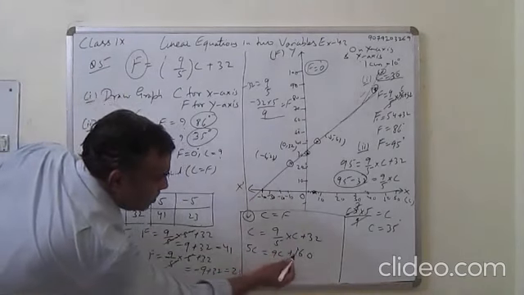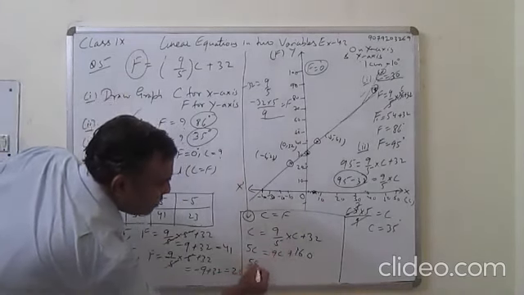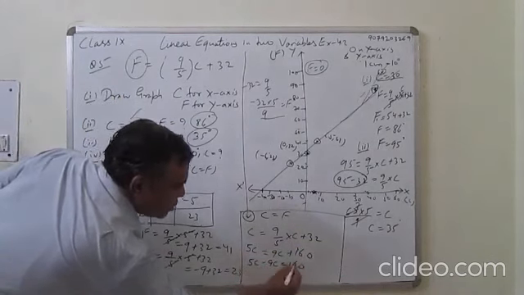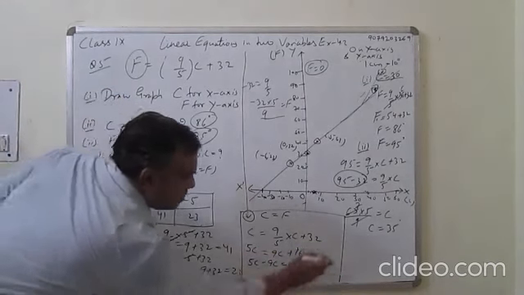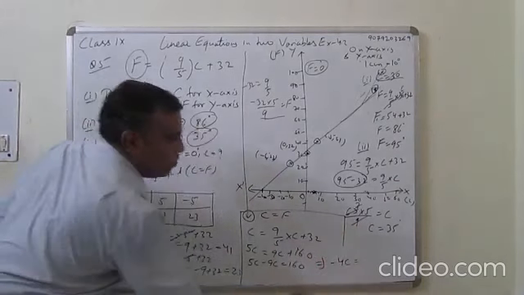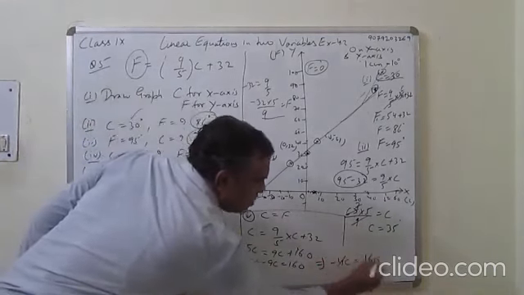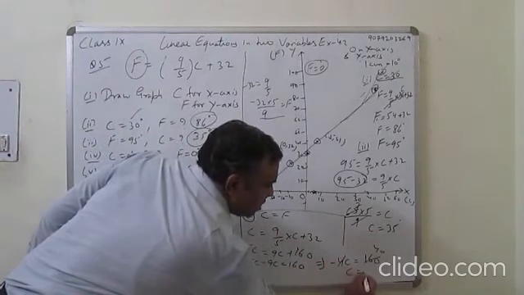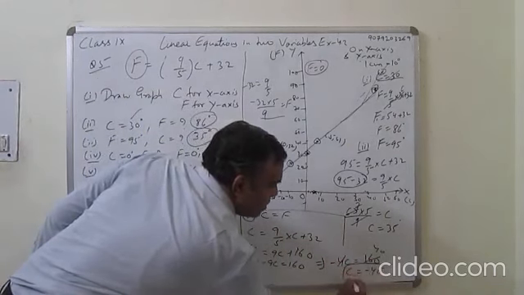So transpose it here: 5C minus 9C is equal to 160. This implies minus 4C is equal to 160, and this will cancel out, C is equal to minus 40 degree C.